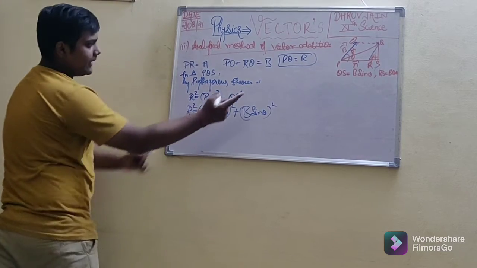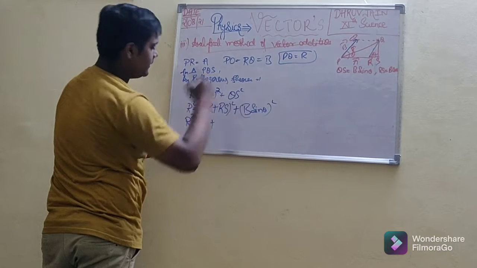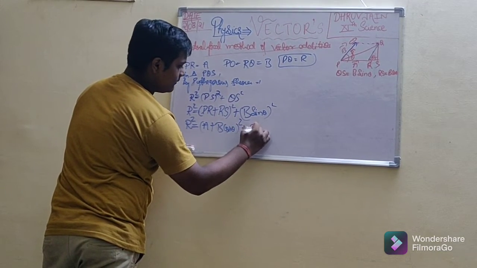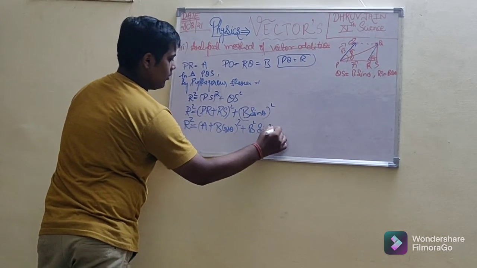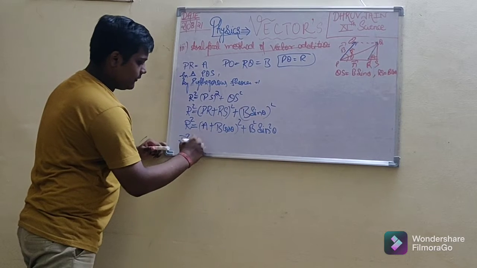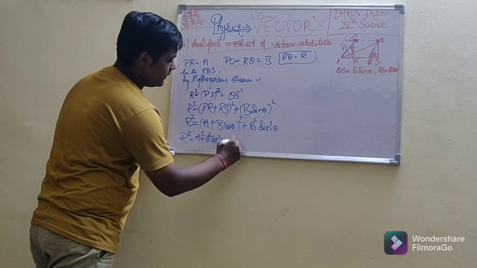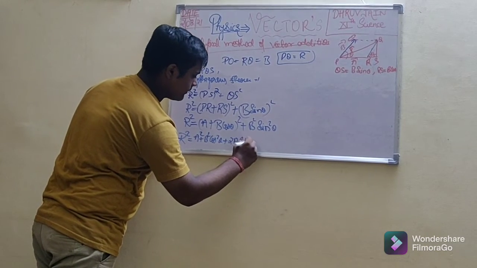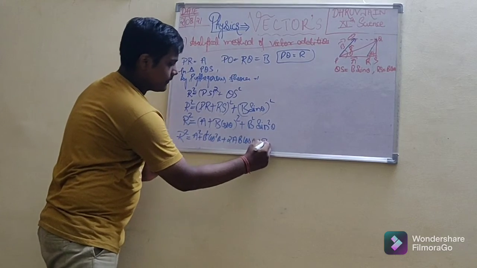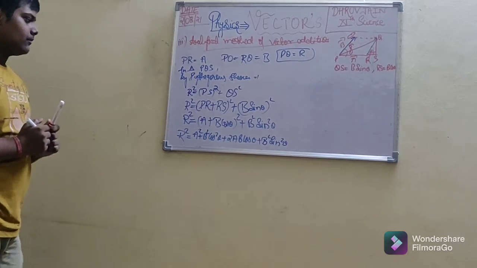PR is A, and RS is B cos theta, so it will be (A plus B cos theta) whole square plus B square sin square theta. Okay, this is understandable. It will be A square plus B square cos square theta plus 2AB cos theta plus B square sin square theta.